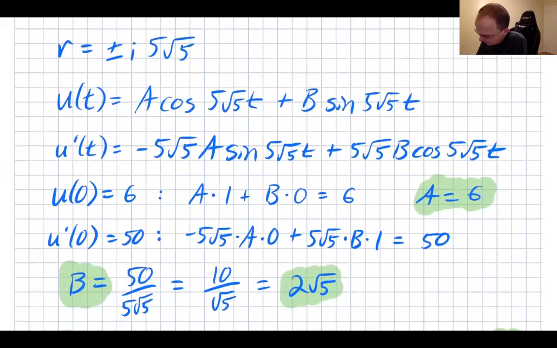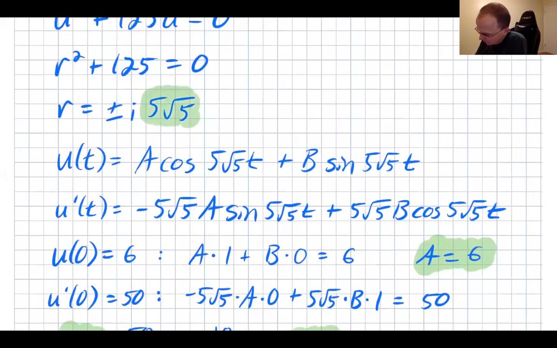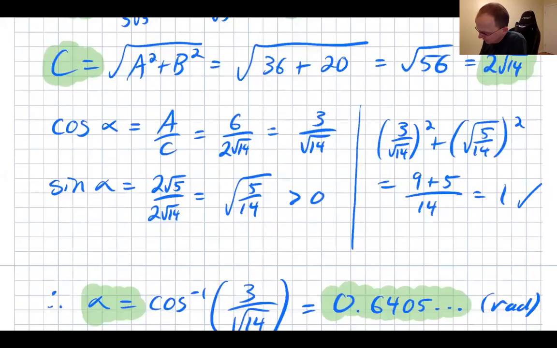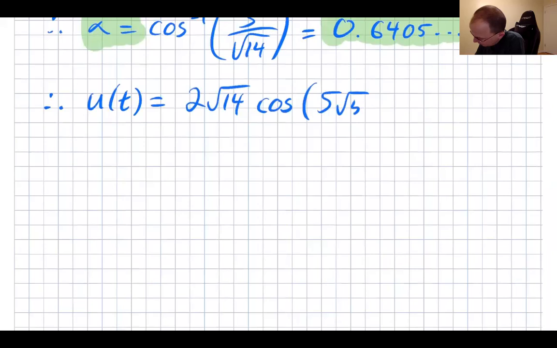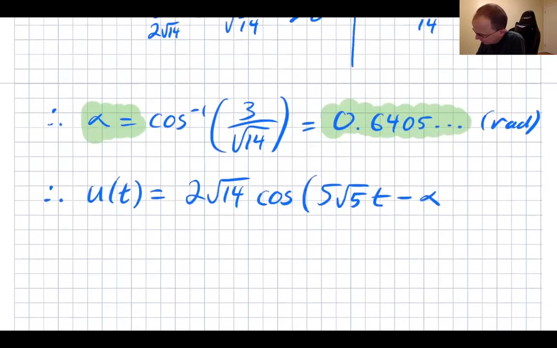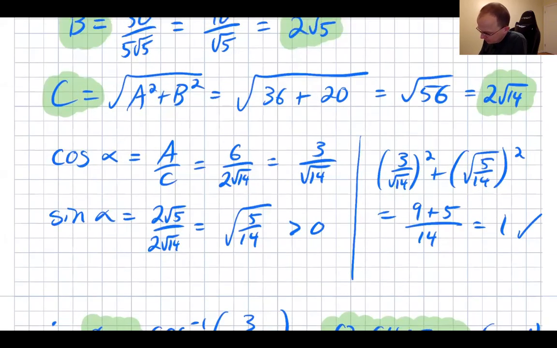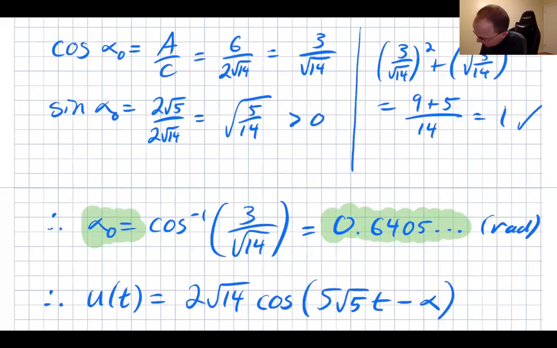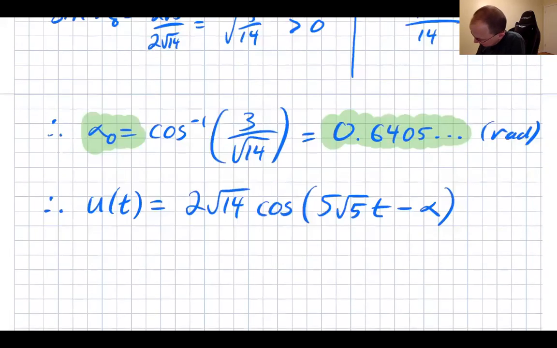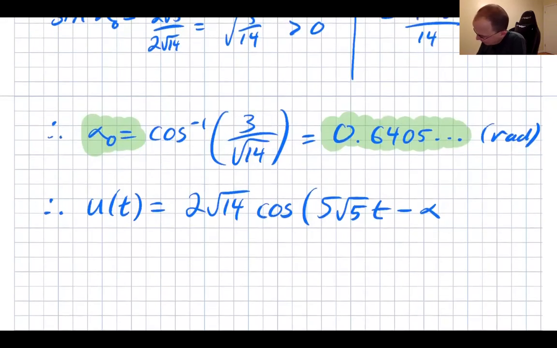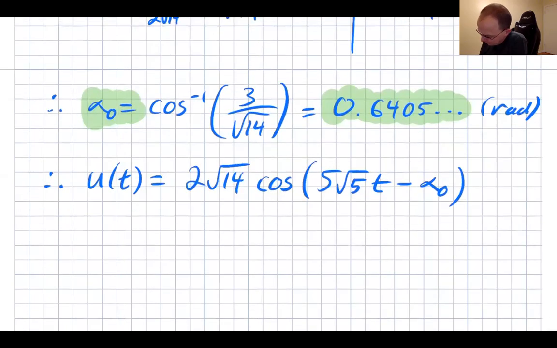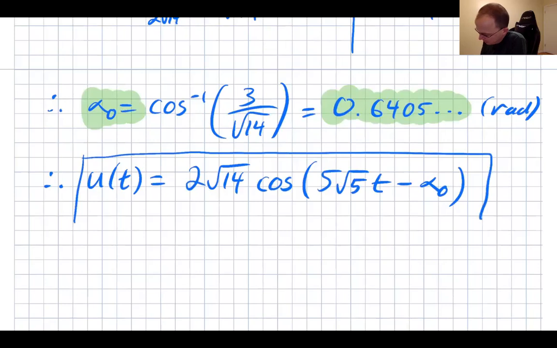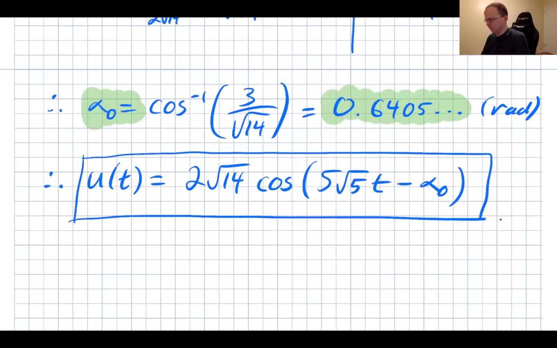So there's our circular frequency, 5 root 5 t, and then minus this alpha. Maybe I should call that a different alpha, so let's put alpha naught here. Okay, and there's our undamped motion right there.